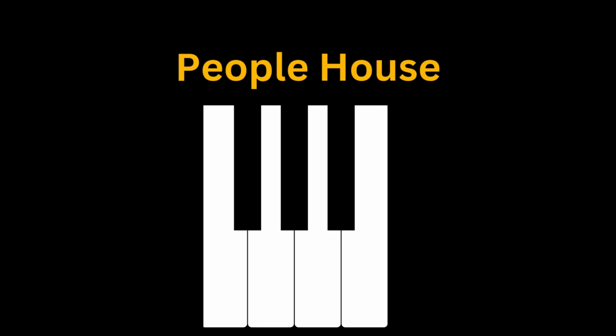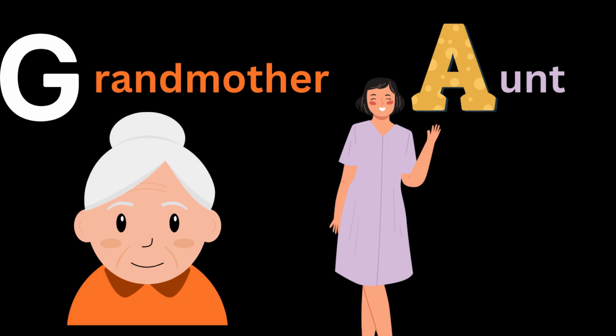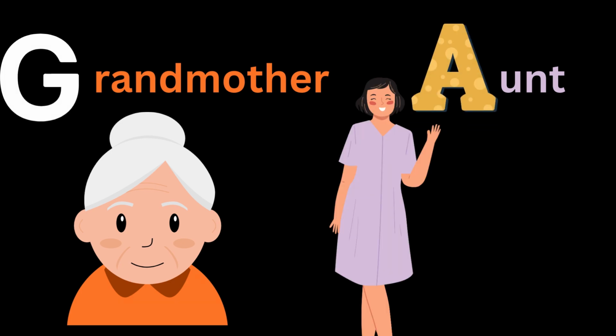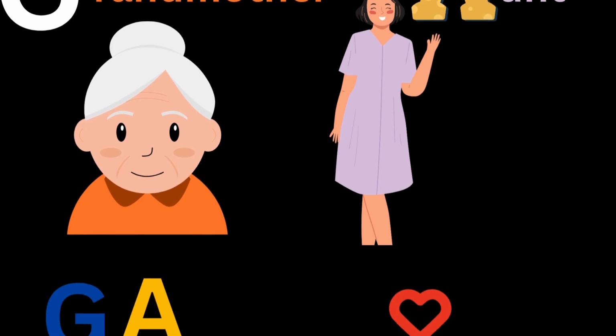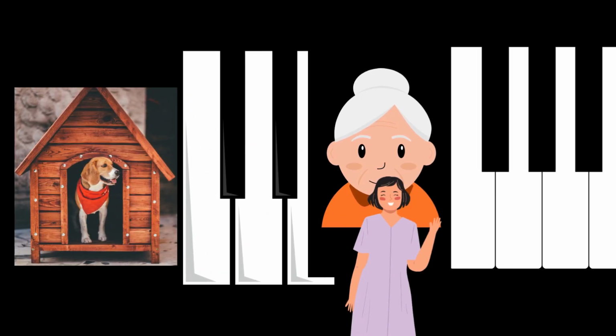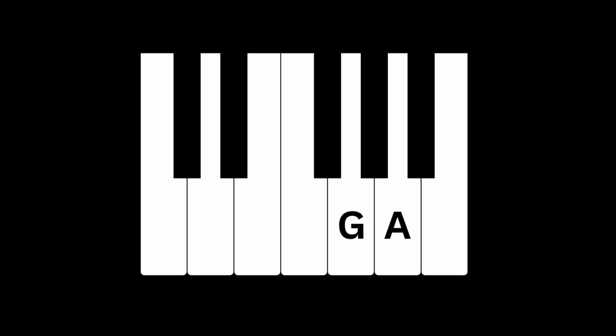So in the people house, there are some people, and I like to think of grandmother and aunt, and it's G and A. So G, grandmother, and A, aunt. Both are inside the people house. So the dog is in the dog house, and grandmother and auntie are in the people's house. So G and A are here on the white keys inside the people house.